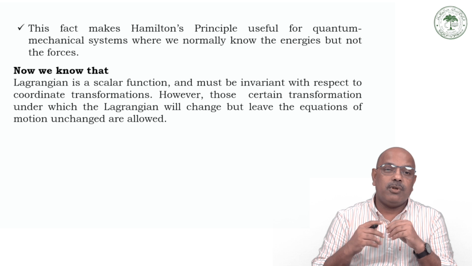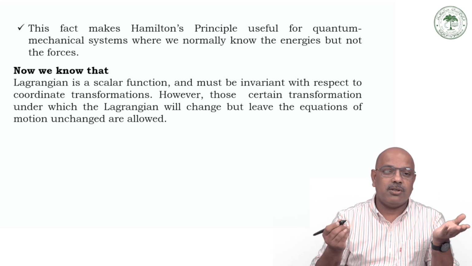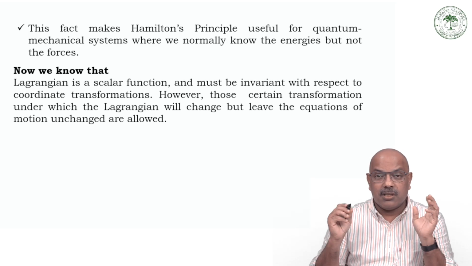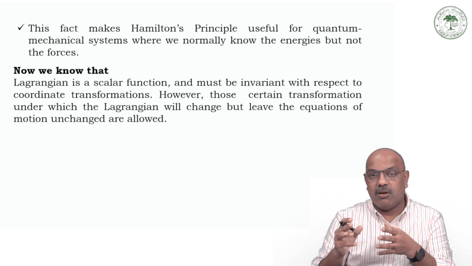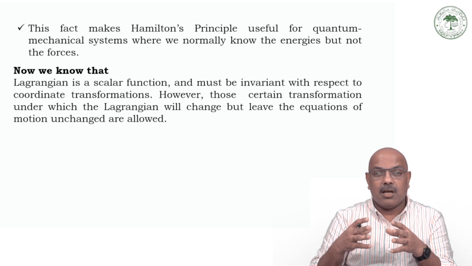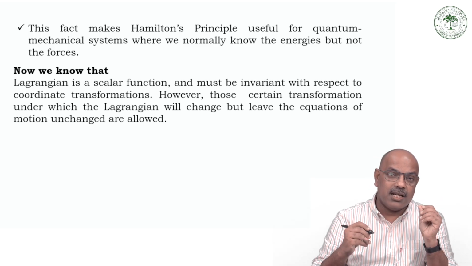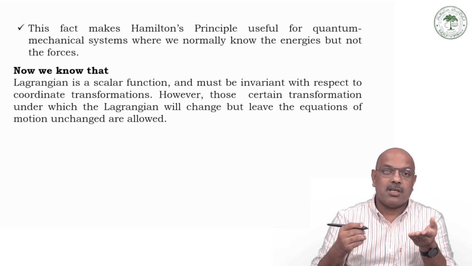So now we know that the Lagrangian is a scalar function, and it is going to be invariant with respect to coordinate transformation, all sorts of coordinate transformations there are. But the important thing is that whatever coordinate space you are transforming, or adding or deleting to the Lagrangian of the system, if overall it leaves my Lagrangian equation of motion unchanged, then that transformation is allowed.